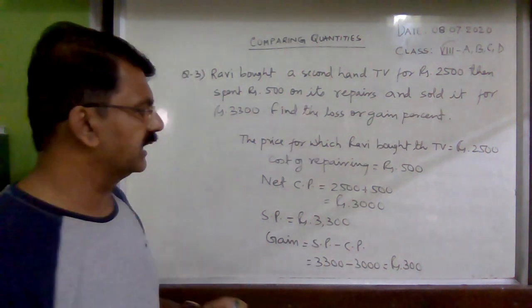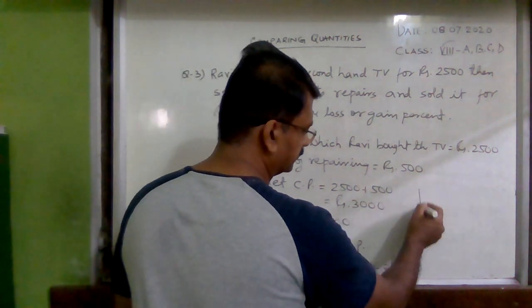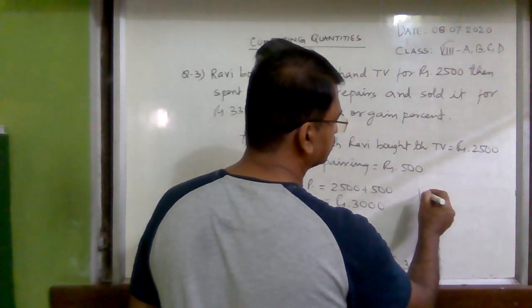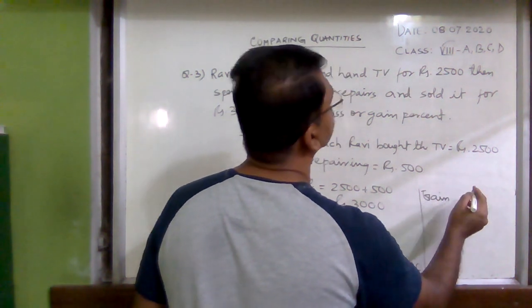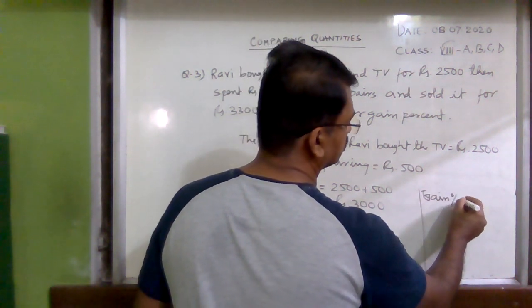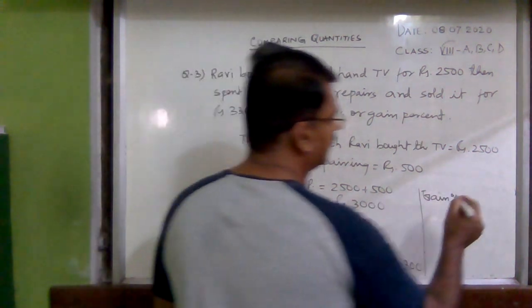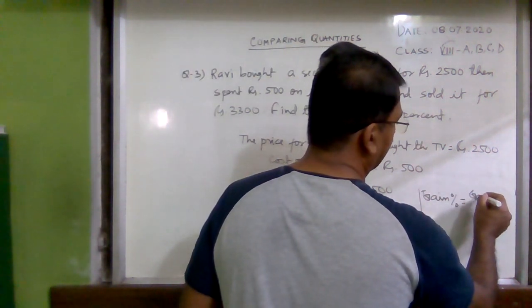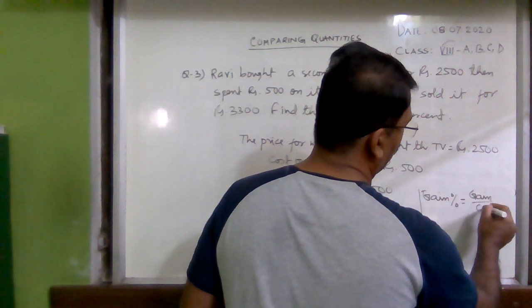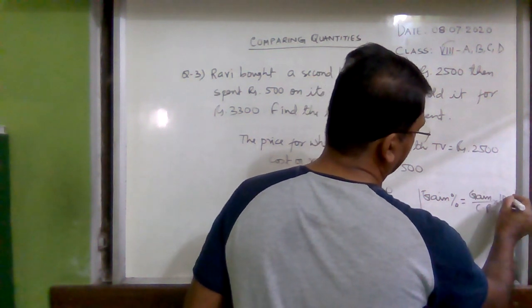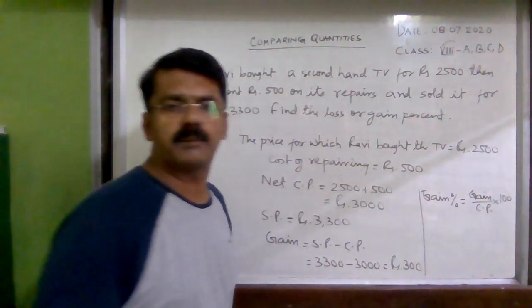Now we have to find the gain percent. Gain percent is gain upon CP into 100. Gain percent is nothing but the profit percent.